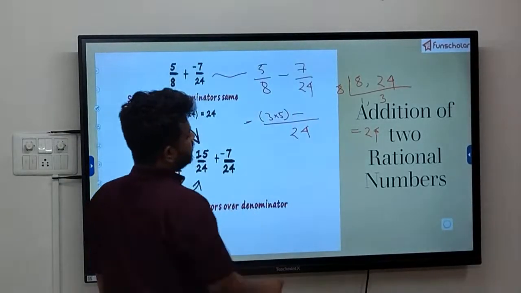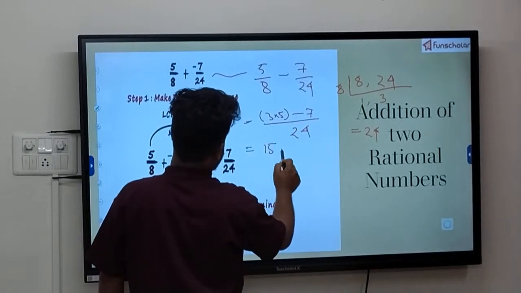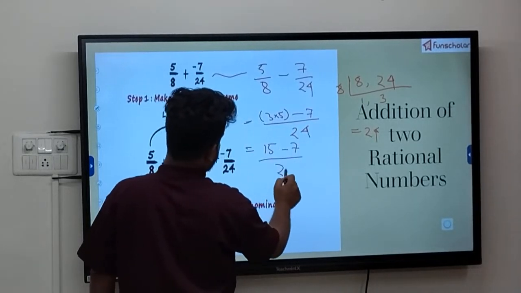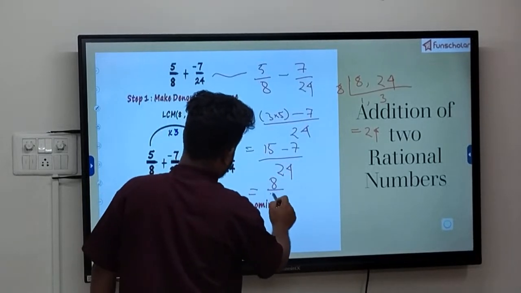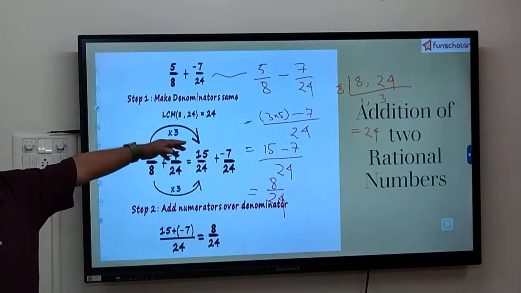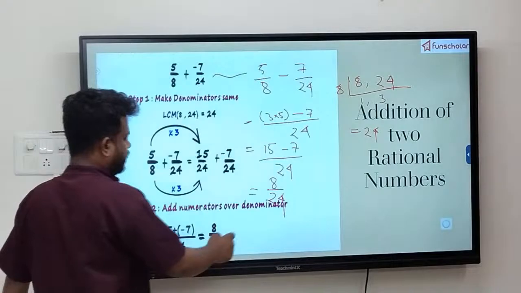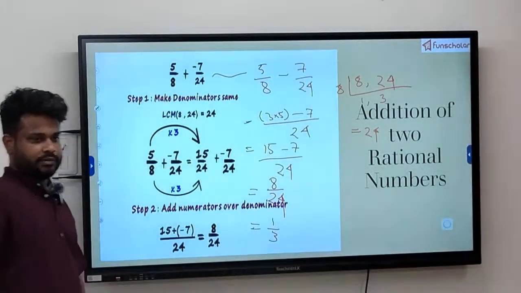Minus, 24 ones are 24, 7 ones are 7. So 15 minus 7 over 24 is 8 by 24. And the last step: we cancel it out by dividing by 8. 1 by 3 will be the answer.